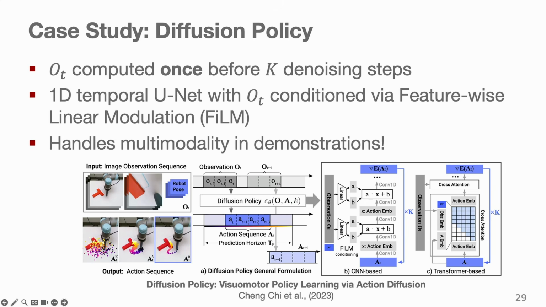And then for the noise prediction, they use a 1D temporal U-Net, treating the action sequence like a 1D signal over time, and they inject the observation conditioning via FiLM conditioning, feature-wise linear modulation, which learns to shift and scale the activations of the U-Net based on the observation embedding. They also presented a transformer-based version which uses cross-attention to condition the action denoising on the observation tokens. And one thing to notice here is that diffusion policies really handle multimodality quite well.